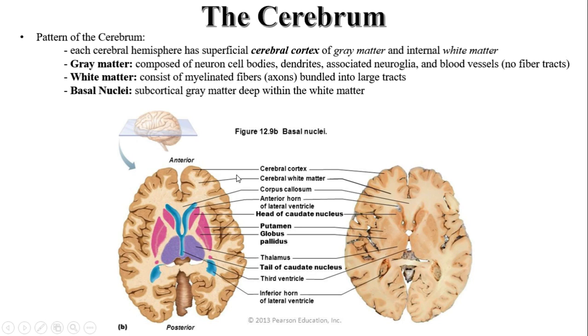The cerebral cortex is a lot darker here, and it's actually composed of something called gray matter. That gray matter is that darker color because it's composed of neuron cell bodies, dendrites, associated neuroglia, and blood vessels. But what you're not going to see here is any fiber tracts. Those fiber tracts you're going to see within the white matter.